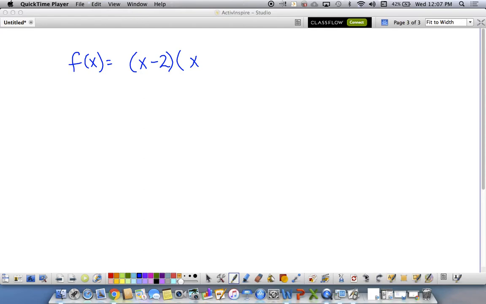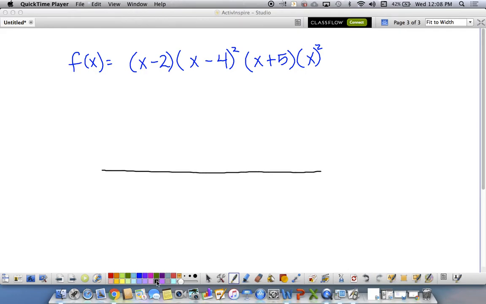One more. x minus 4 squared times x plus 5 times x squared. I'm going to put 2 of the squares in there. Make it a little bit longer. So this is what we have. All right, so let's draw out our graph.